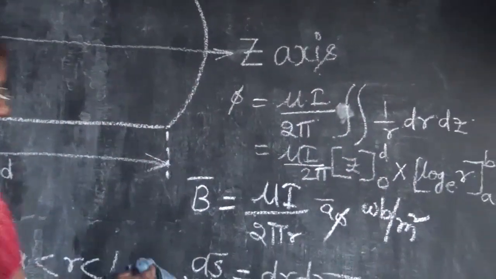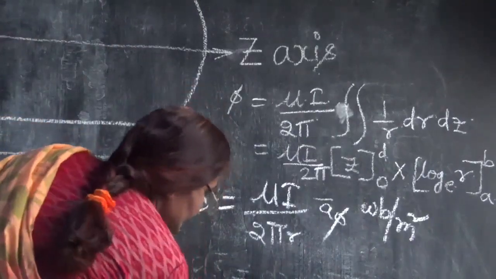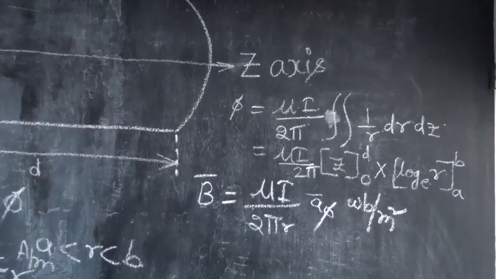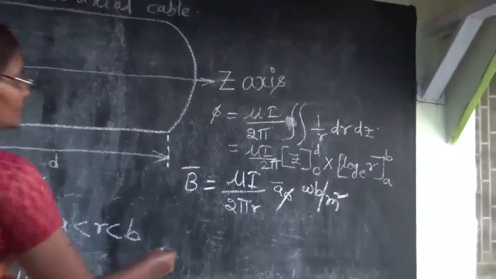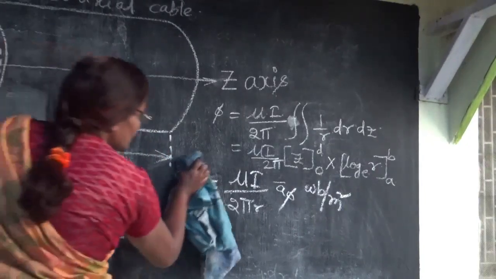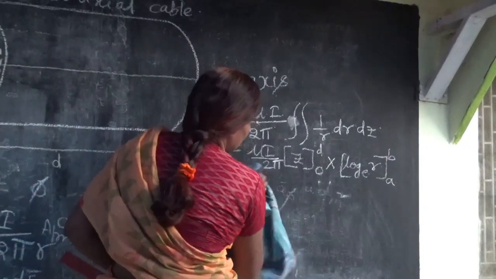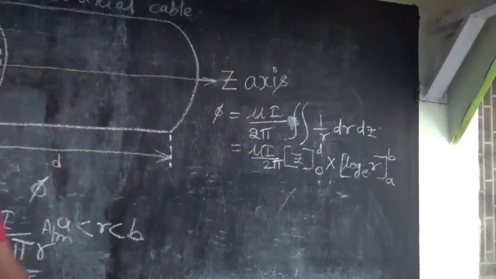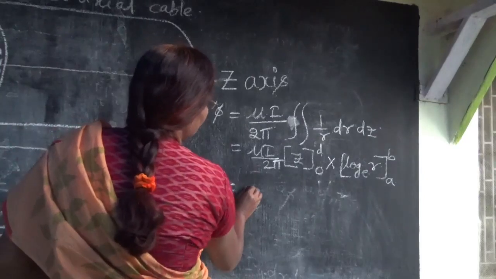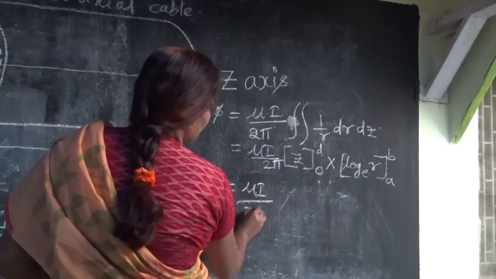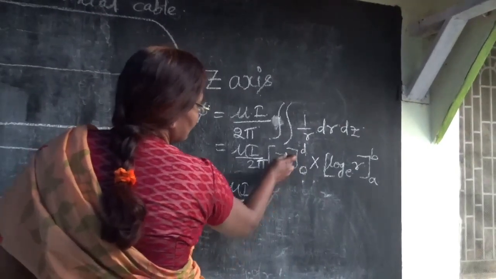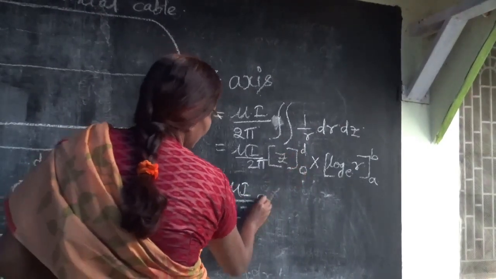Now this is equal to mu I by 2π into ఈ z లిమిట్స్ అప్లై చేస్తే d minus 0, d.